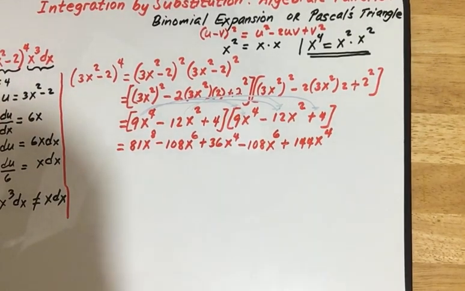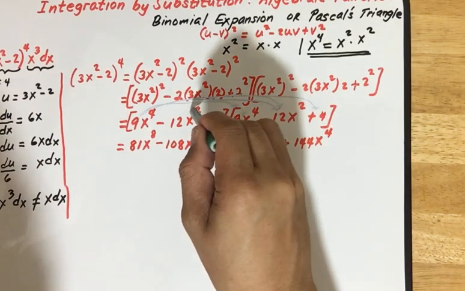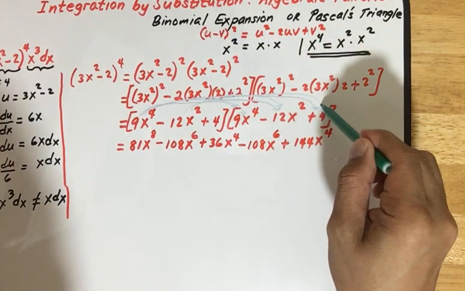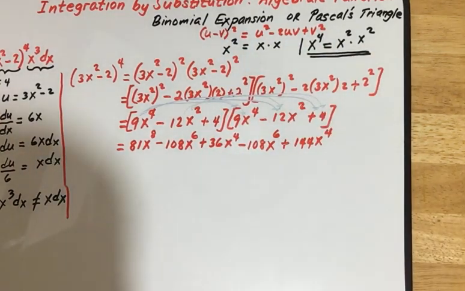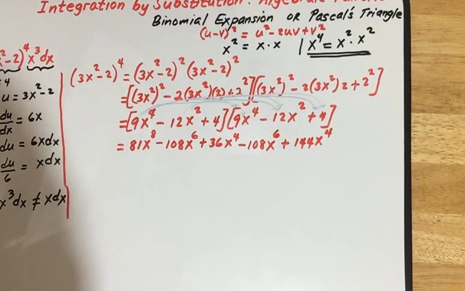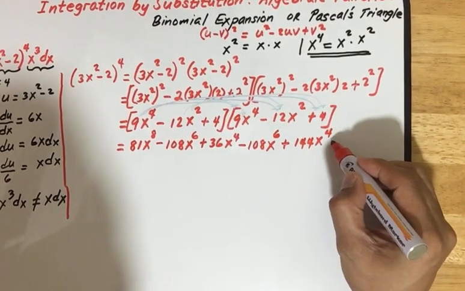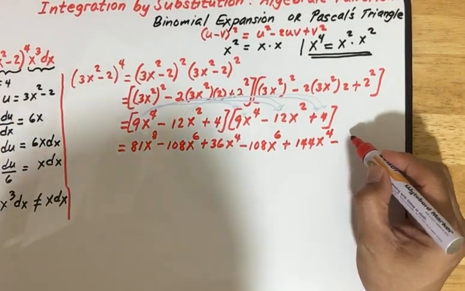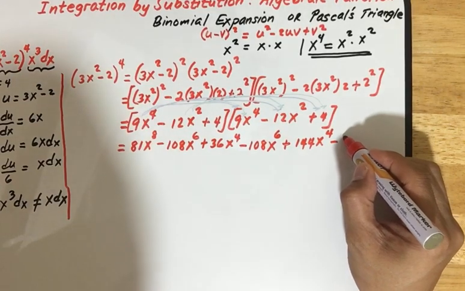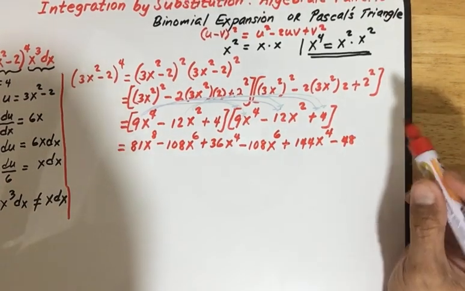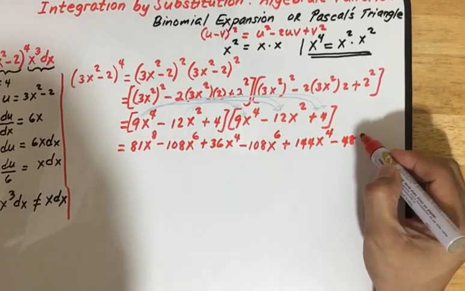Then next, second term to the third term, so that is 12 times 4, then this is negative, so this will be negative. 12 times 4 is equal to 48. Then x to the power 2.